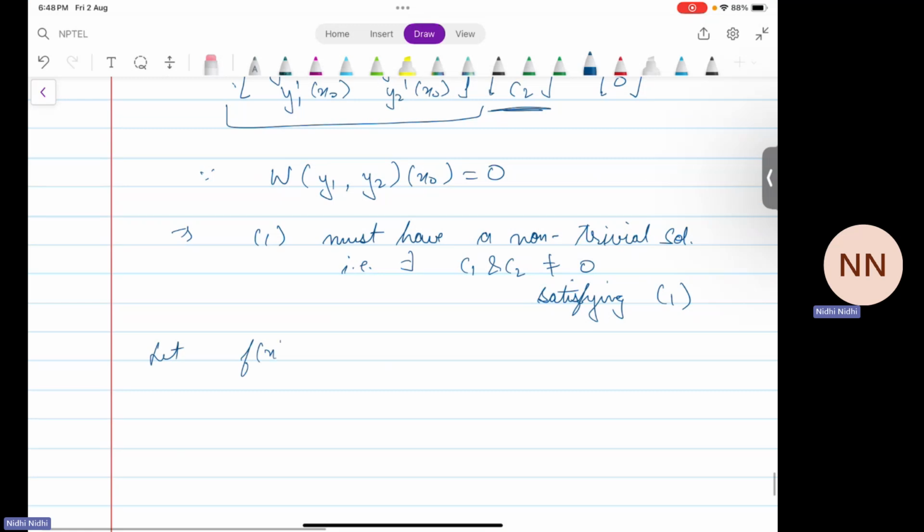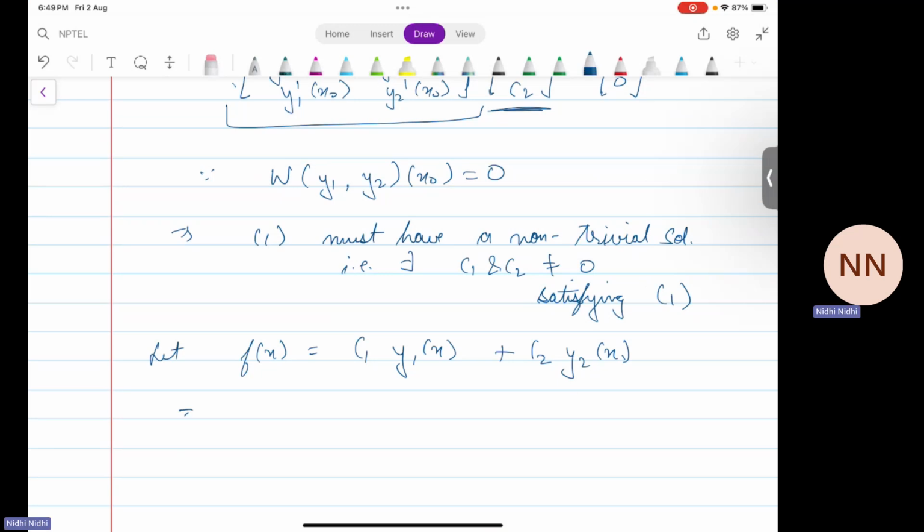Now let f(x) be equal to c1 y1(x) plus c2 y2(x). We will show that f(x) is equal to 0, because if f(x) is equal to 0, that gives us y1 and y2 are linearly dependent.